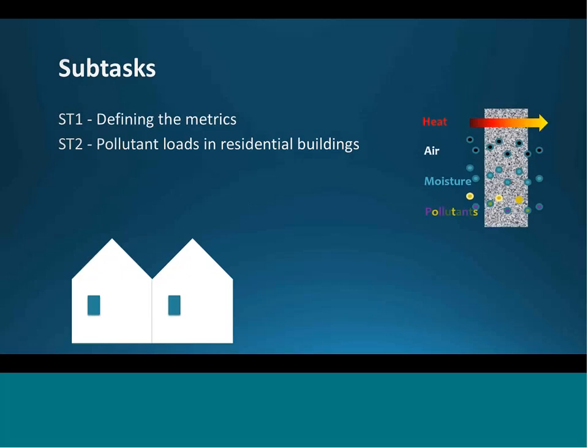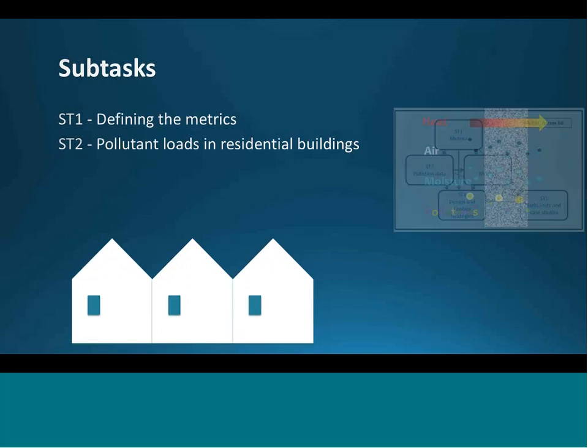Another subtask looks more at the chemical issues, the emissions of potential pollutants from, for instance, materials or inventory you may have in your buildings. That has been studied for quite a while by many research groups, but we are identifying gaps of knowledge, for instance, interactions with thermal and moisture conditions in such materials.